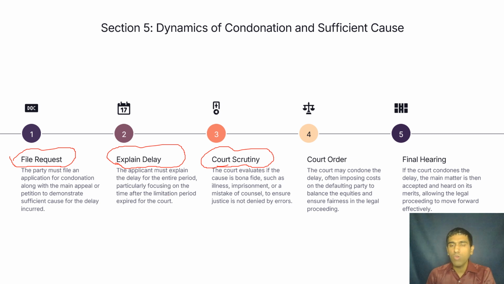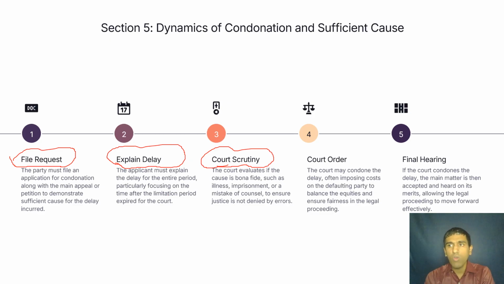Then, if you aren't aware of the Limitation Act, but the counsel fighting on your behalf gave you wrong advice, one of the bona fide reasons could be a mistake of your counsel. Or if any order has been passed by the court, high court or supreme court, where you have genuinely misinterpreted the period allowed to file an appeal or such, the court would take all of that into consideration.